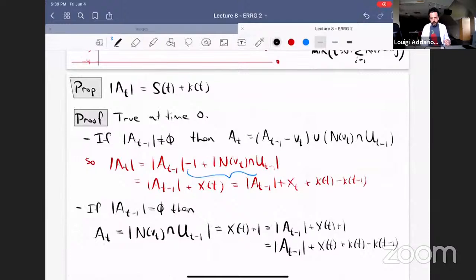Okay. And because S is just the sum of the X's, this precisely gives this identity by induction.